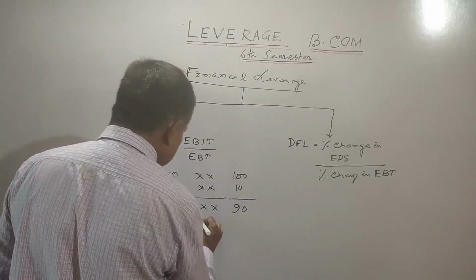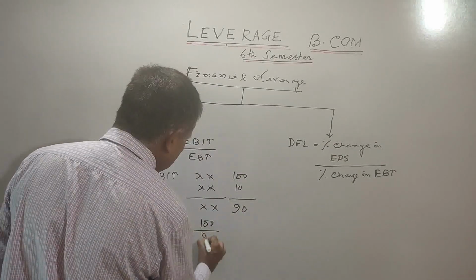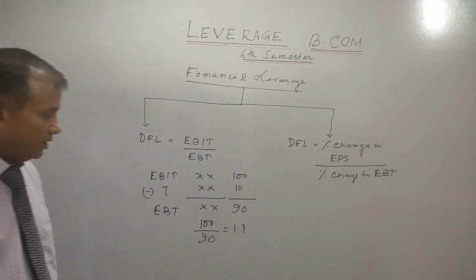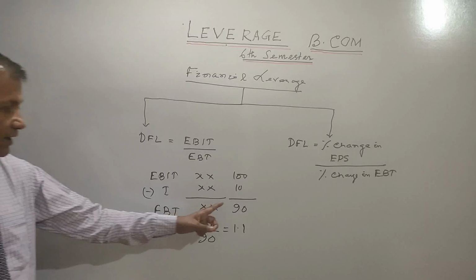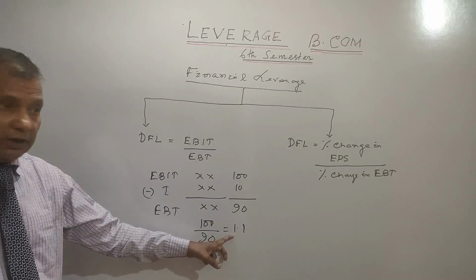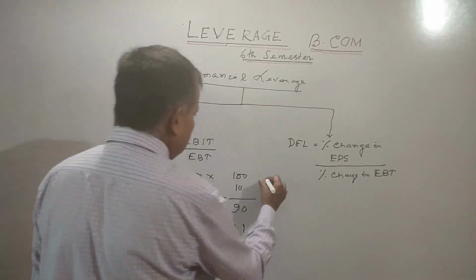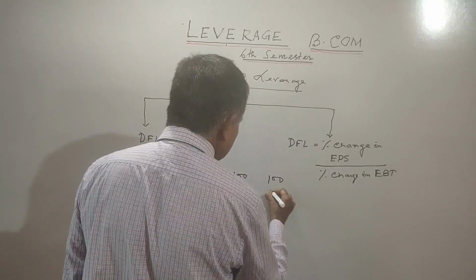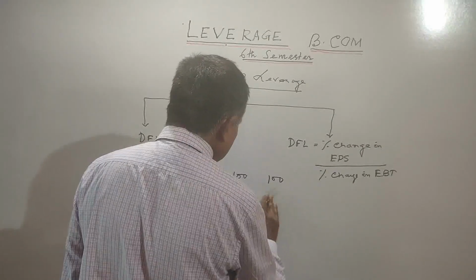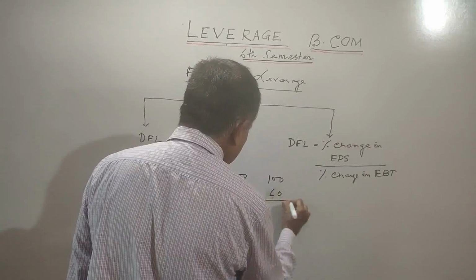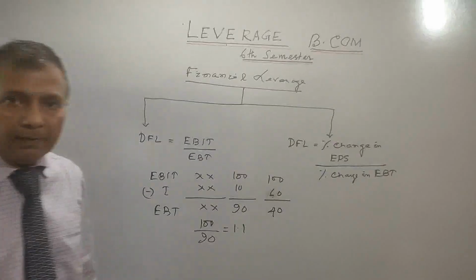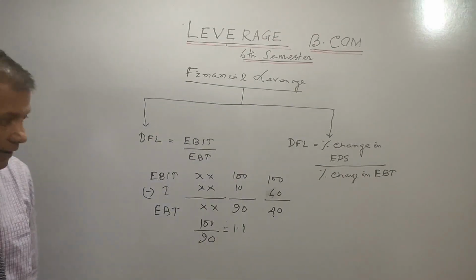So the ratio is 100 divided by 90, it is 1.1, and the risk is too low. Suppose this is 100 and the interest is 60. So EBT is 40. It is a high debt company. The other is a low debt company.